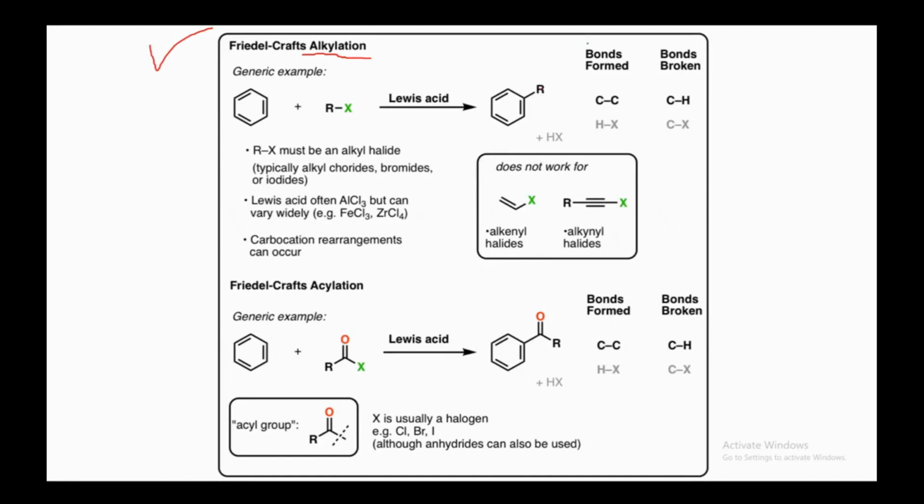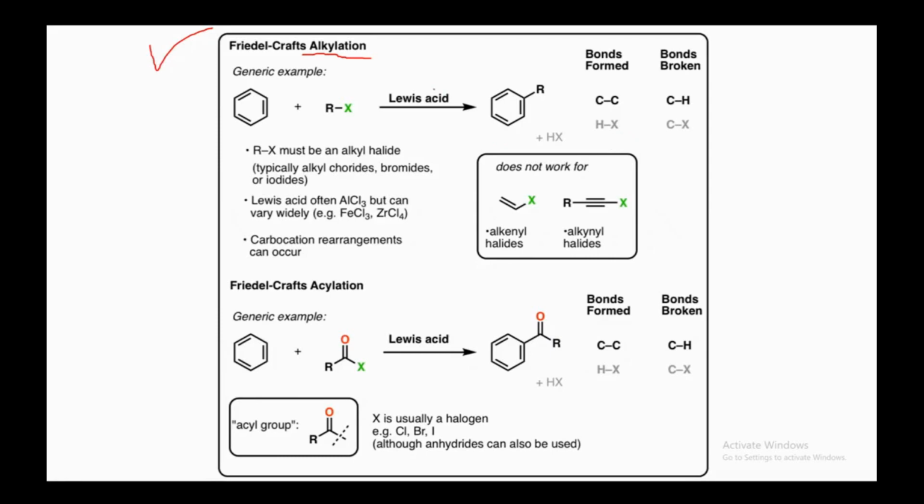The bonds that are formed in this reaction are carbon-carbon bonds. So we can categorize the Friedel-Crafts Alkylation reaction as a carbon-carbon bond forming reaction. And the bonds that are being broken are C-H bonds. The rest are side products, which we wouldn't be focusing on.